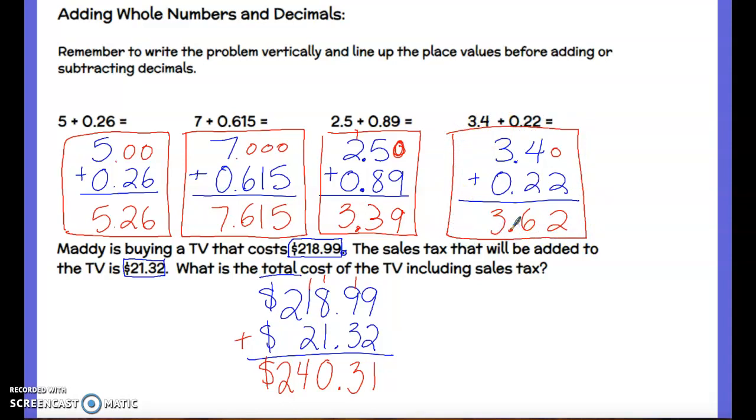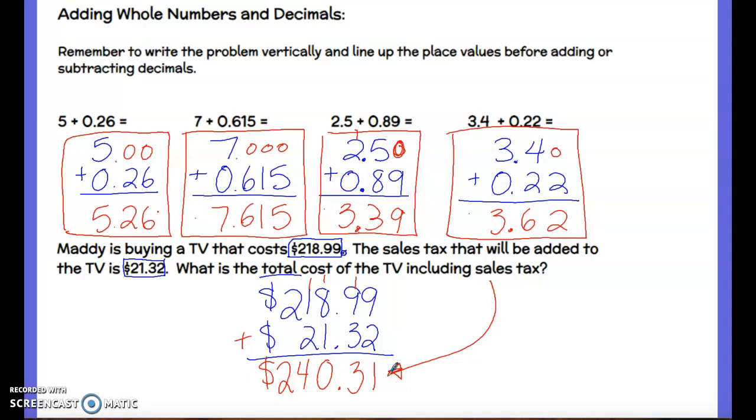Word problem, when you added the sales tax to the cost of the TV, it would have cost $240.31. Notice these 4 problems don't have dollar signs because they didn't have them in the original equation. Don't add dollar signs when they're not talking about money. This problem is talking about money, so that's why we have the dollar sign on our answer.